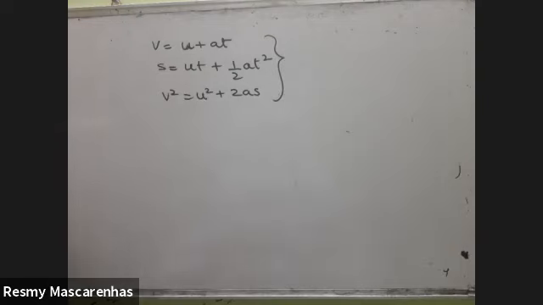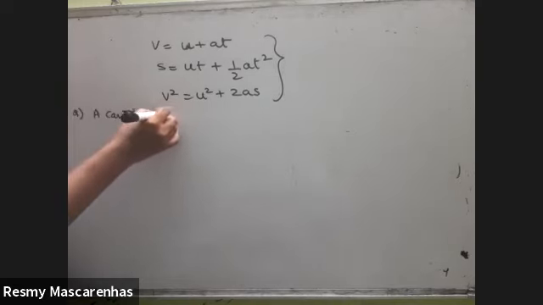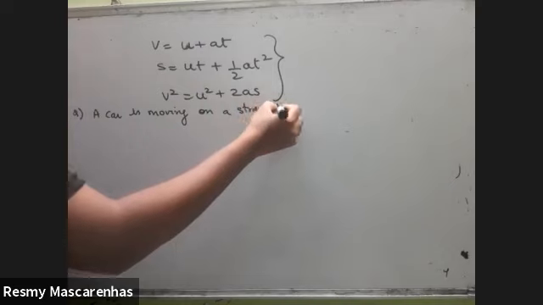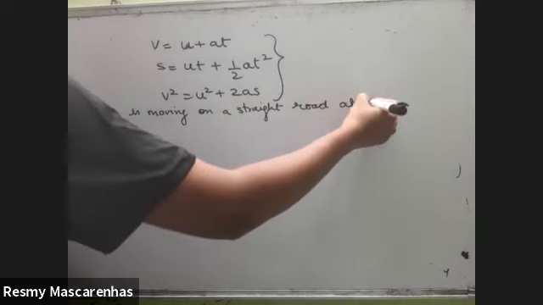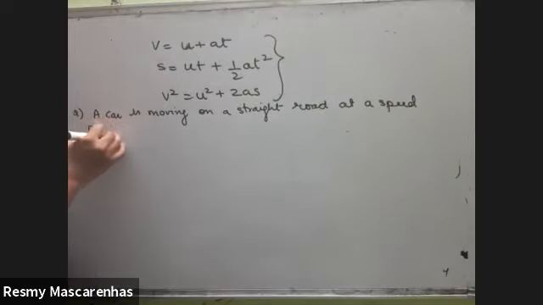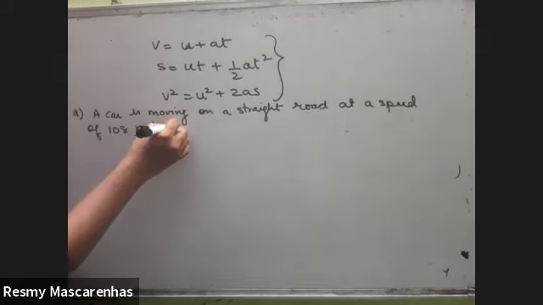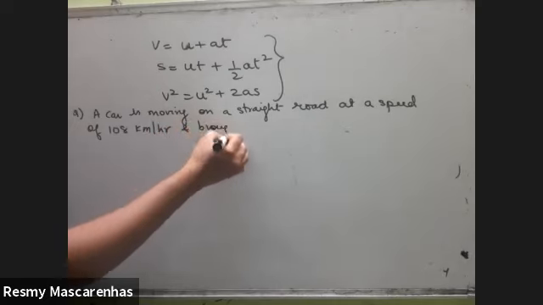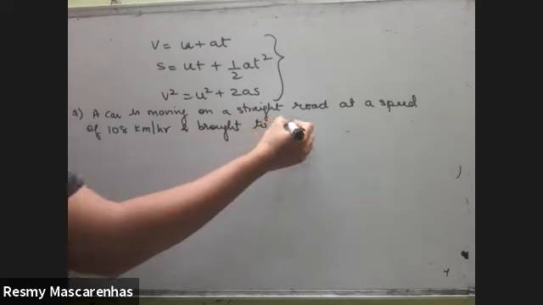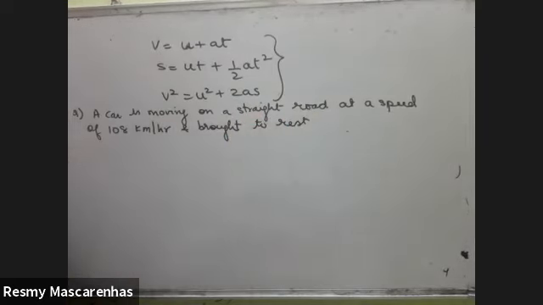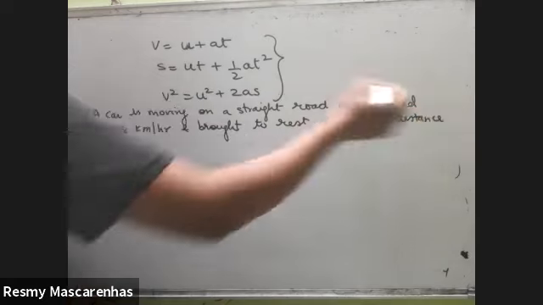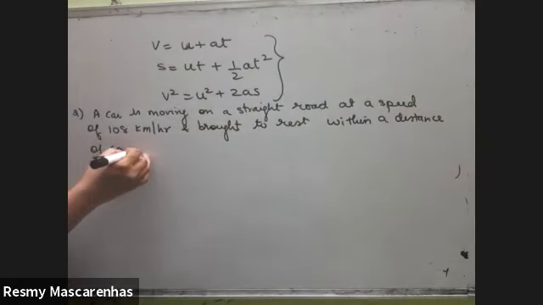One problem we had solved, one more similar one we will solve. The question is: a car is moving on a straight road at a speed of 108 km per hour and brought to rest within a distance of 60 meters.